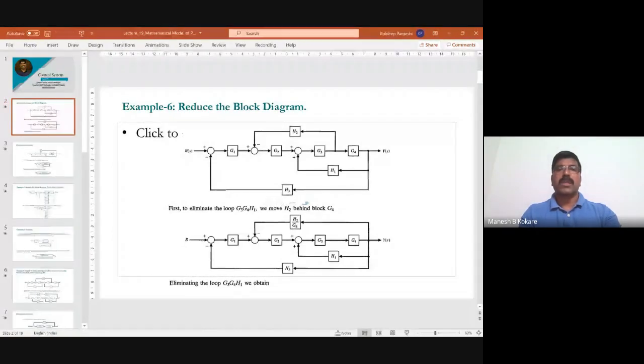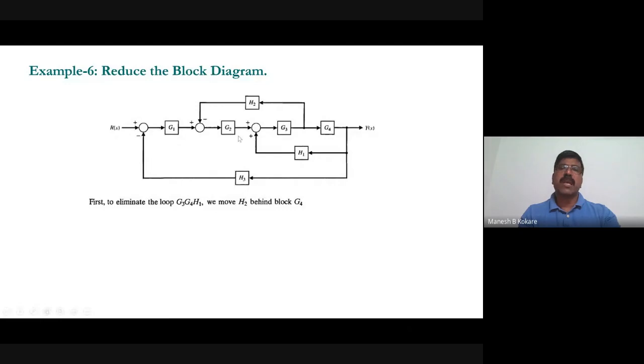Here, if you look at this problem, I don't think there are any two blocks directly connected, because if you consider Z3 and Z4, in between them there is a takeoff point. So we cannot say these are in cascade.